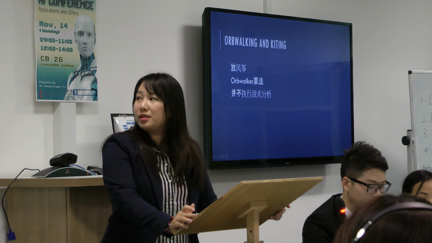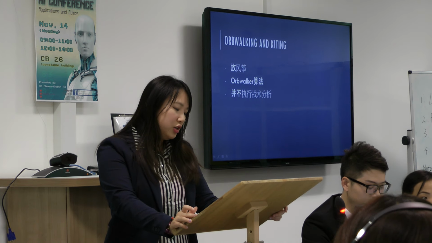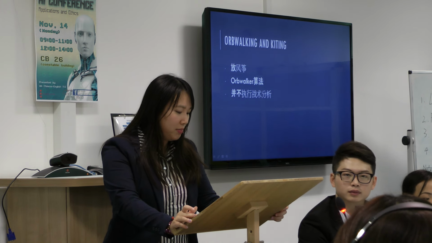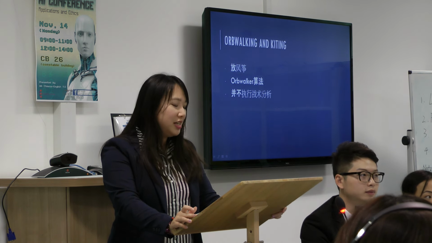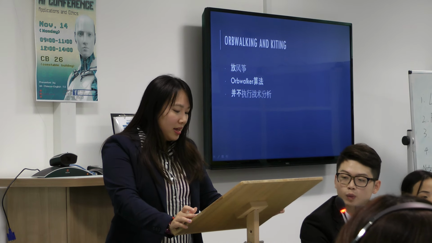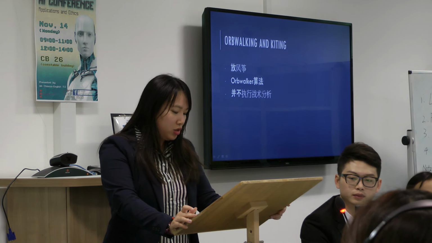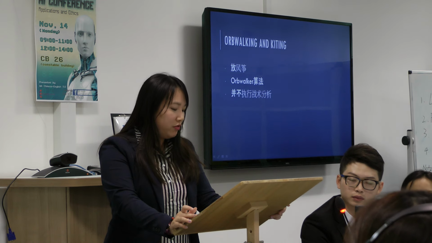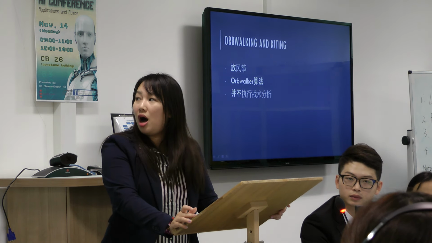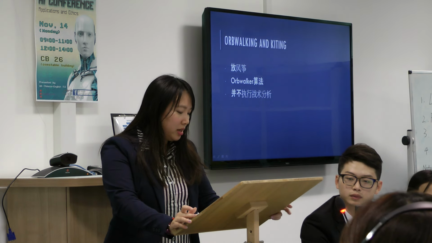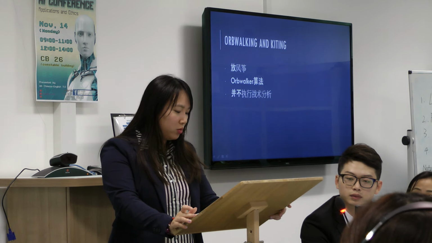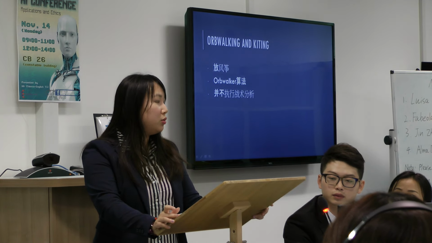Next one is orbwalking and kiting. Hit and run, the first one means kiting. It usually happens when the champion's attack range is larger than the enemy's, and they often perform this technique to kill the enemy from a safe distance. The orbwalker is responsible to inform when it's possible to attack or to move.